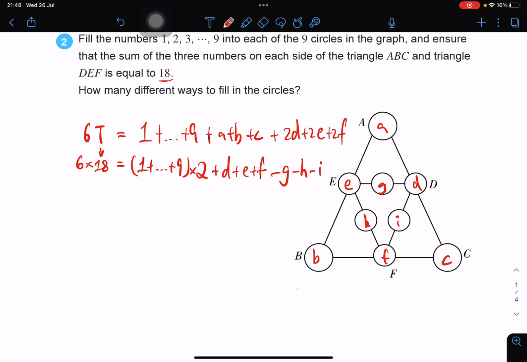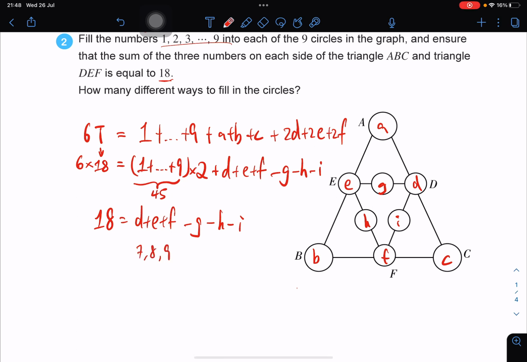So 108 is equal to 1 adding to 9, that's 45, times 2, which is 90, adding DEF, take away GHI, which means that 18 is equal to D adding E adding F, take away G, take away H, take away I. So if you're looking at the numbers 1 to 9, you can see that the only possibility that 3 numbers are 18 larger than the other 3 is 7, 8, 9, take away 1, 2, 3, which sums up to 24 and 6. So the largest 3 take away the smallest 3.